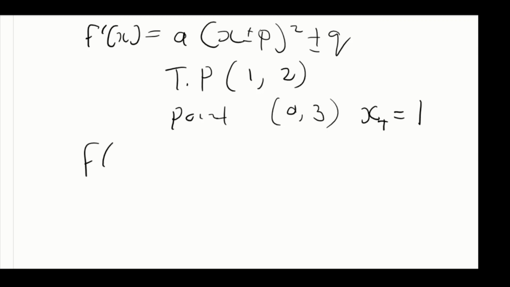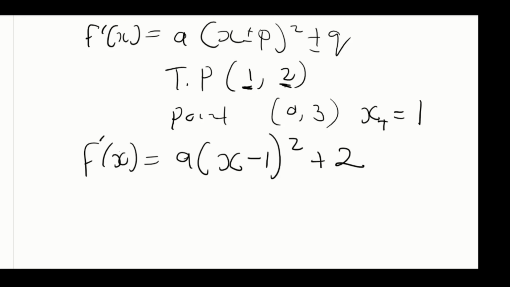So we write f prime of x equals a(x minus 1) squared plus 2, since the x value of the turning point is 1 and the y value is 2.